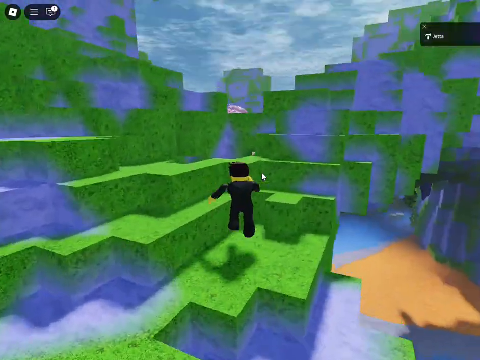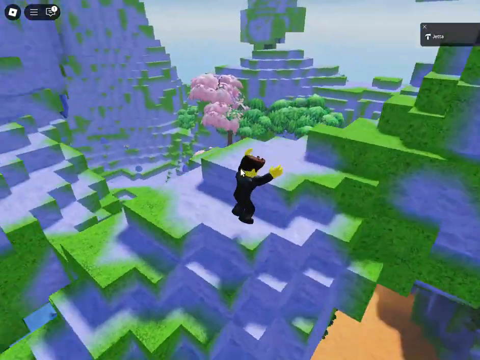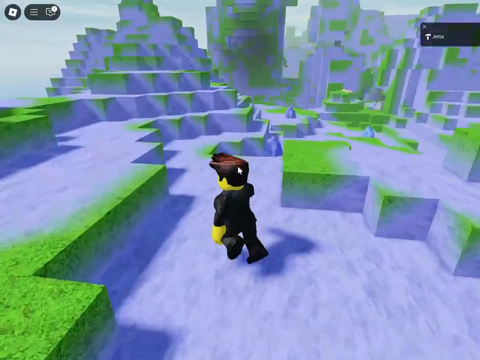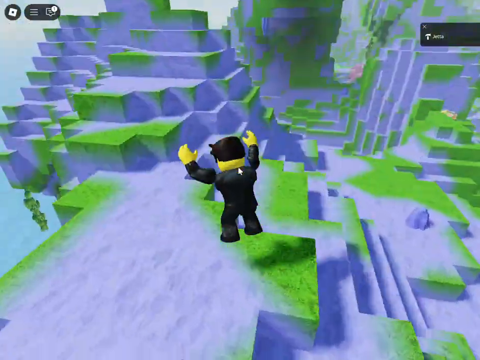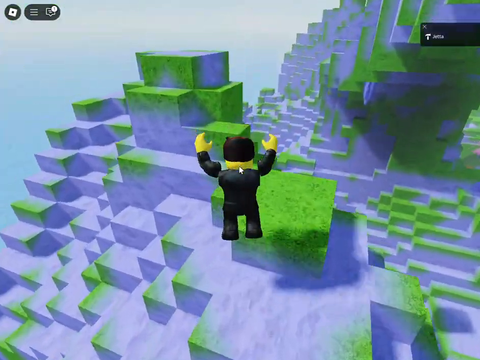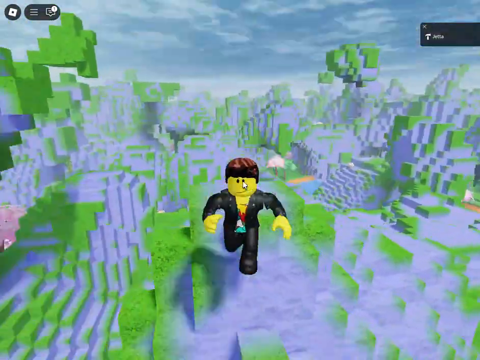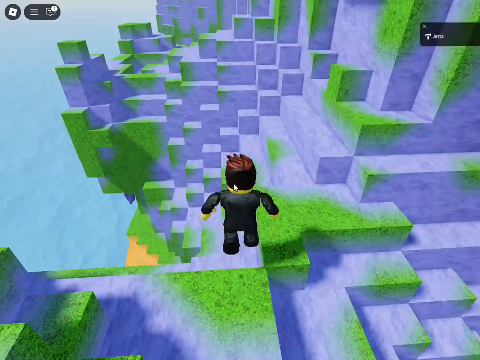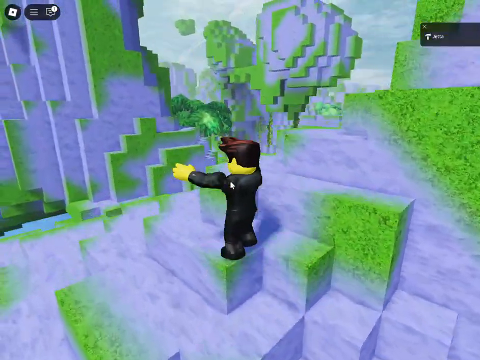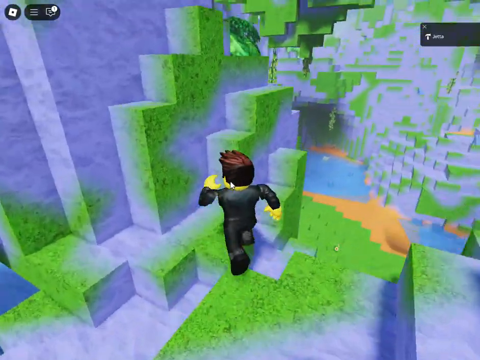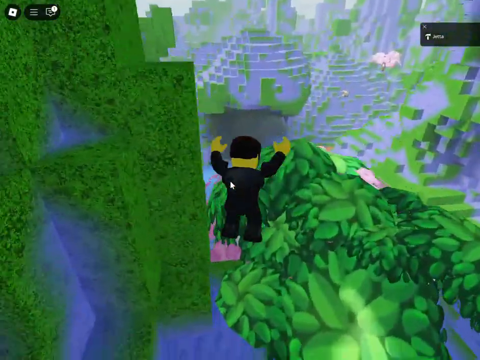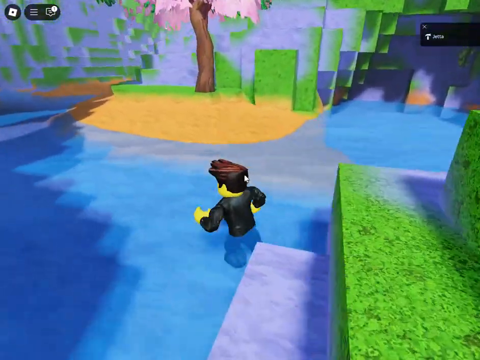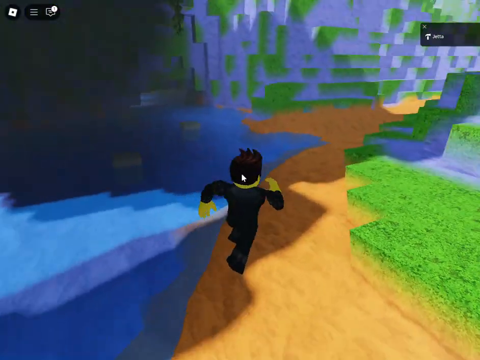The only two blocks you'd be able to build with would be grass and stone, because those are the only two blocky material types. And then, of course, I could just add in parts, but if I let players put in a gajillion parts, then of course it's going to lag. Because the reason I'm using voxel terrain is because I don't really need to care too much about backface culling and level of detail, because Roblox already takes care of those processes and algorithms for me, so I don't really have to think about it.